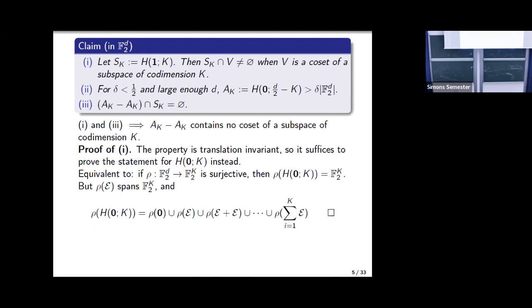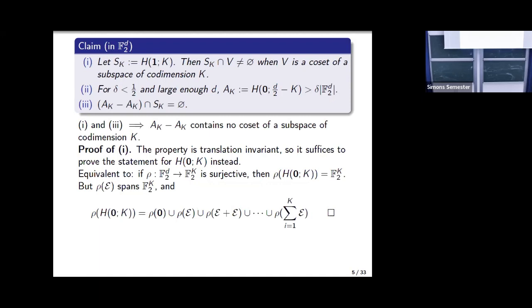And meeting every coset of every codimension K subspace is the same as saying that for every surjective homomorphism rho onto F2 to the K, rho of the Hamming ball around 0 is equal to F2 to the K, right? If you meet every coset of a subgroup, then your image in the quotient is everything, right?